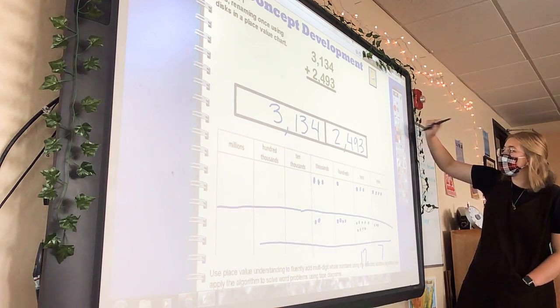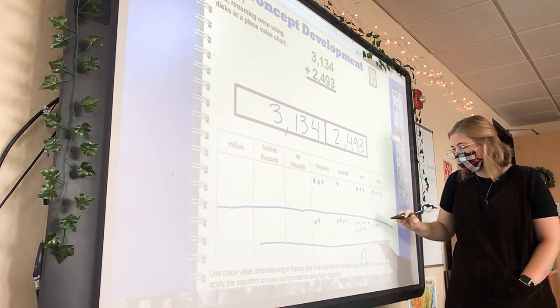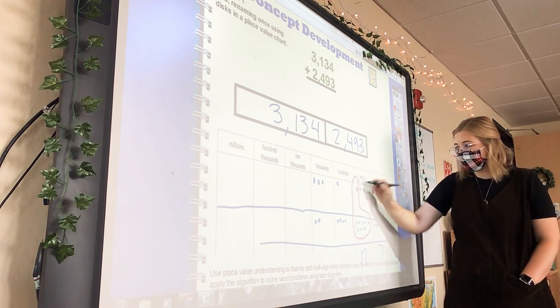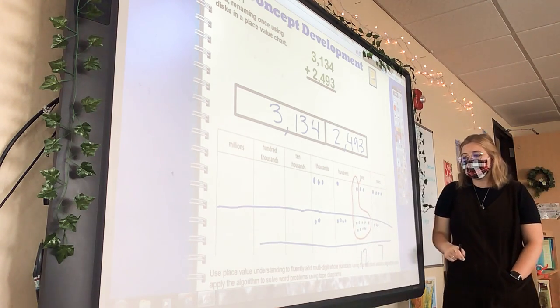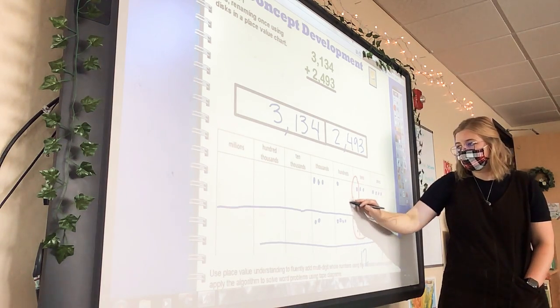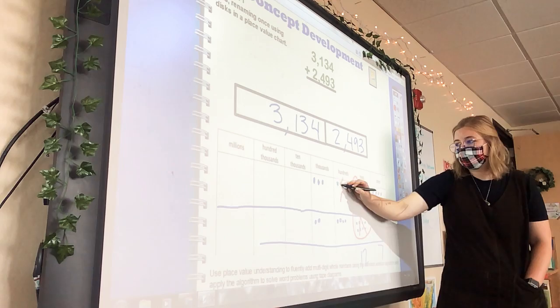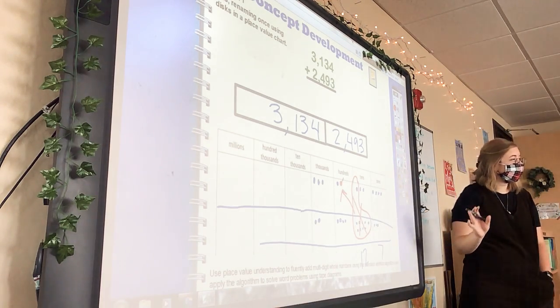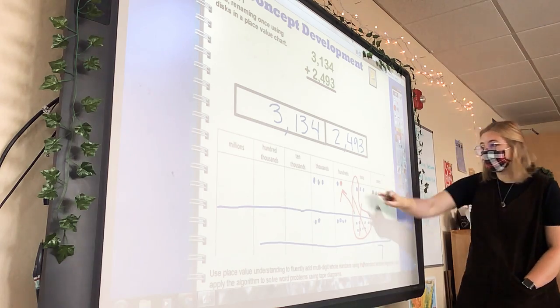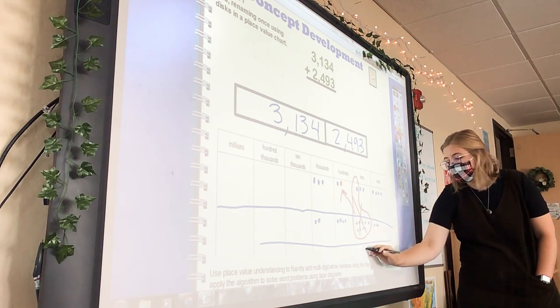So I've got to bundle in groups of 10, okay? So it's going to be a little tricky because they're far away. But 9 plus 1, okay, gives me 10. So that 10 is done, and it moves over here and becomes 100. Is that familiar to you? Yes. Okay, good. So instead of 12, I now have 2 left, so I have 2 tens, okay?